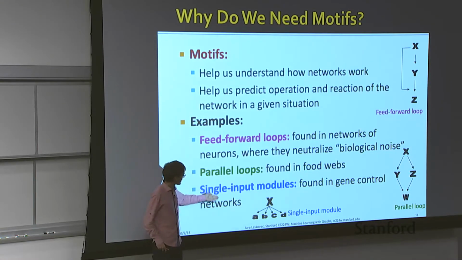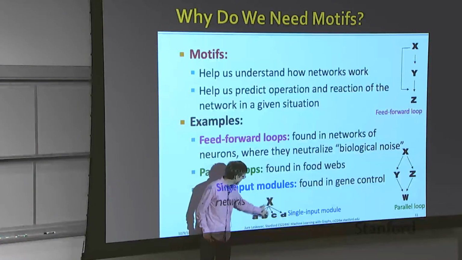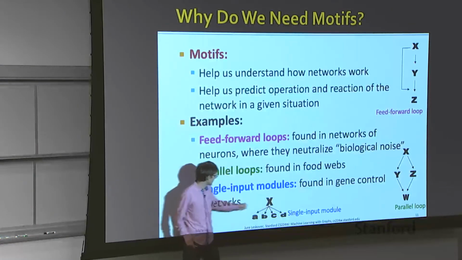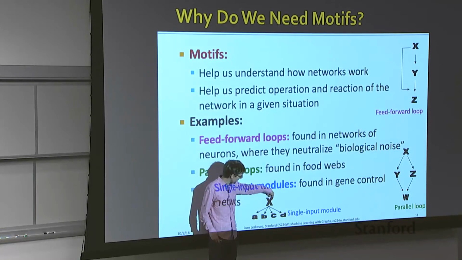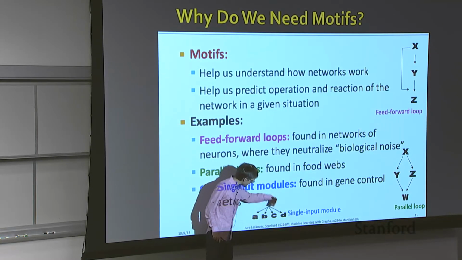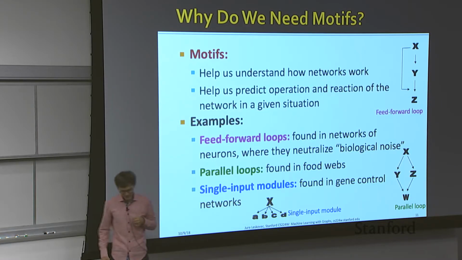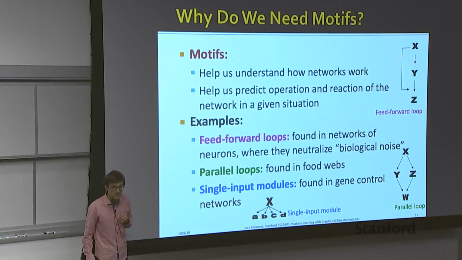And similarly, in many gene control networks, you have these single input modules where whatever happens to X gets propagated to many other nodes. And these are just some examples of these types of structures.